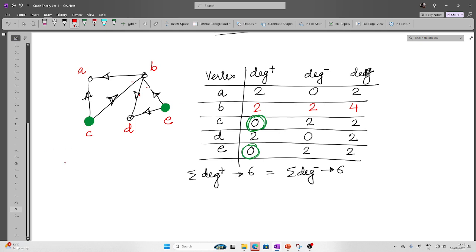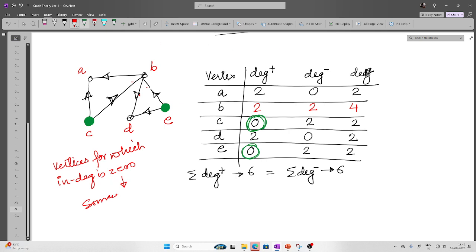So vertices for which in degree is 0, they are called as source.